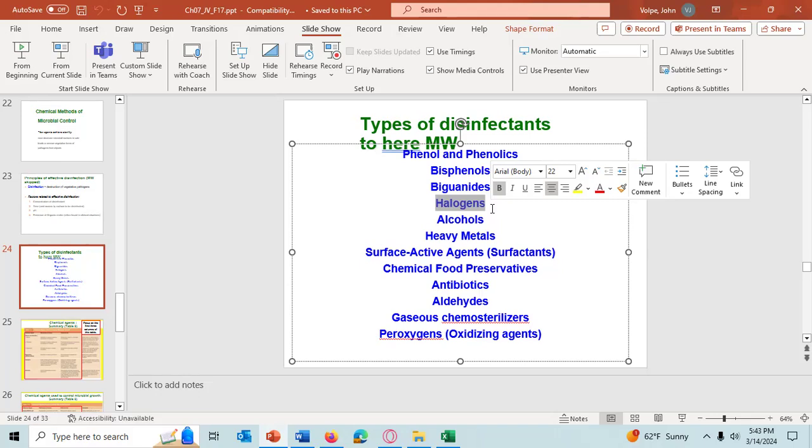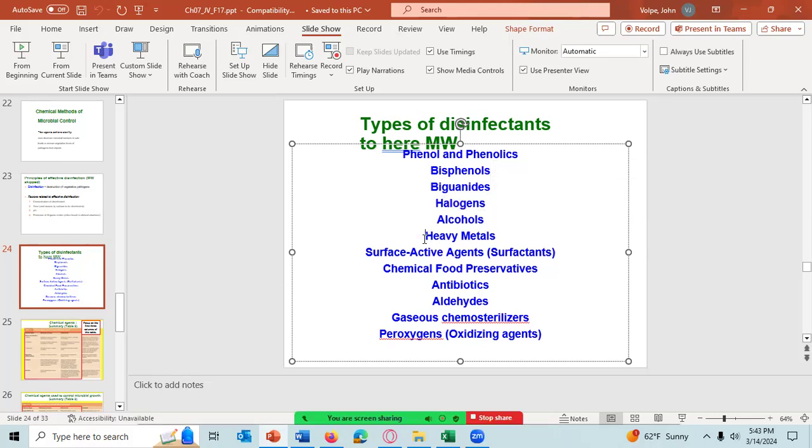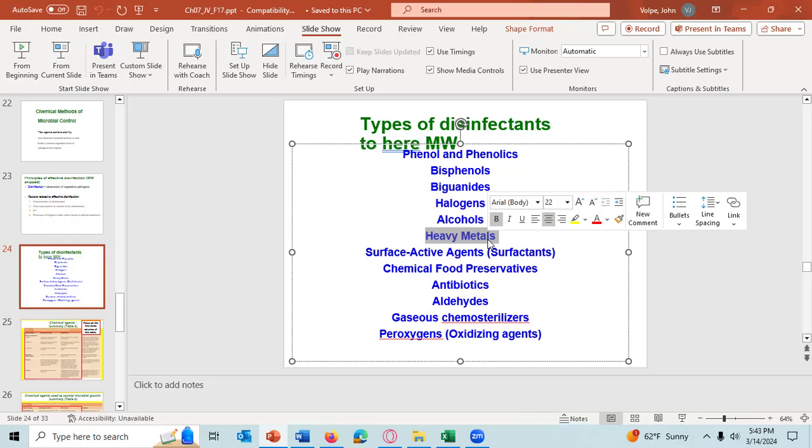Heavy metals are antimicrobial. Their use disappeared for a while because we had better agents to use, but because of the resistance of microbes to antibiotics, heavy metals have come back in medical treatment. Like they will often apply a heavy metal in gauze to prevent microbes from growing in a wound.